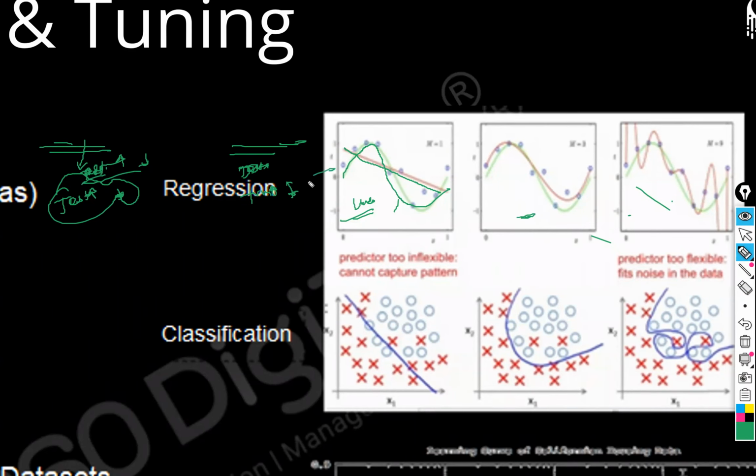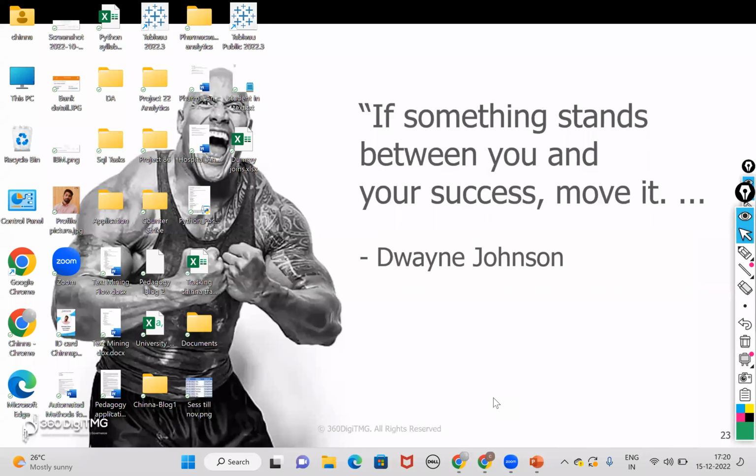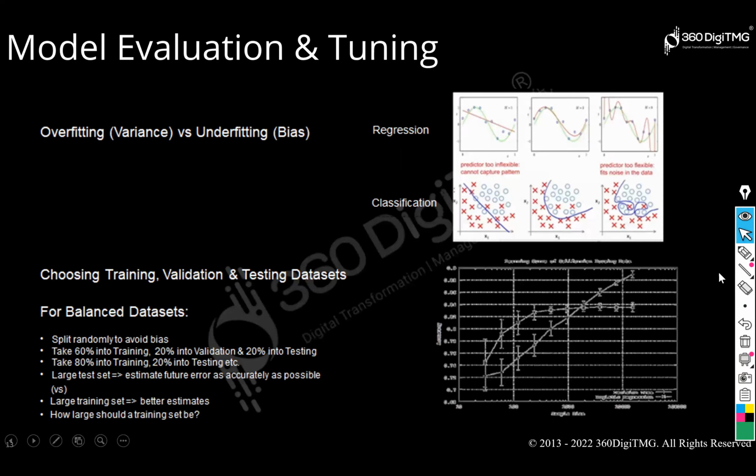This is for a regression model. This is for classification. You can see that the right fit will be like this. So I hope overfitting and underfitting is clear, right?